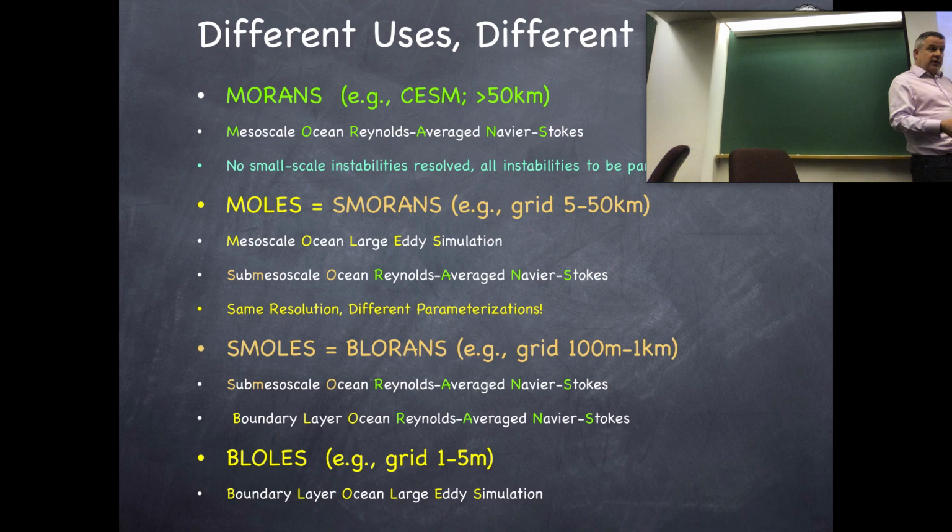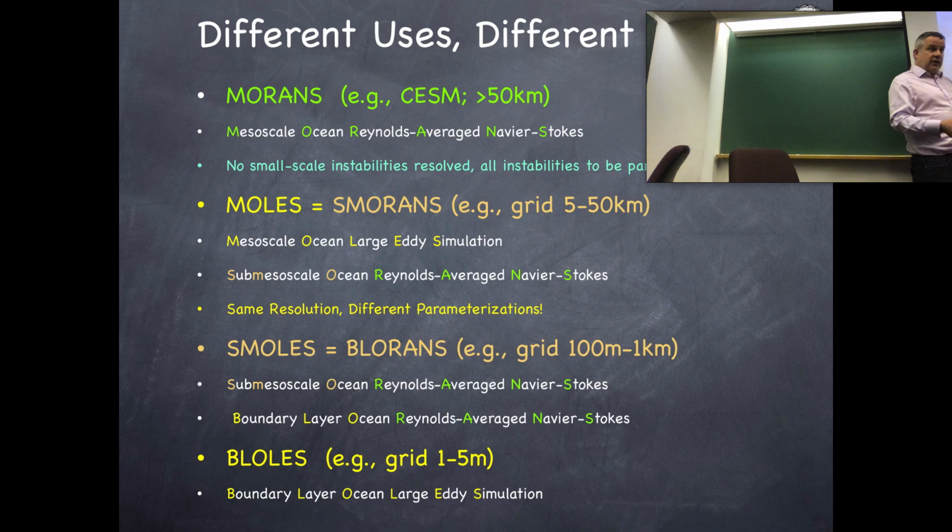So large eddies means the biggest ones are resolved, the smallest ones aren't, and then you really want to use the filter style rather than a Reynolds average style, because there's not a clear place to put the Reynolds averaging scale, and so it's better to be flexible and keep the filter approach in. And we'll see how this all goes later. And you can do the same for submesoscale and the same thing for boundary layer.